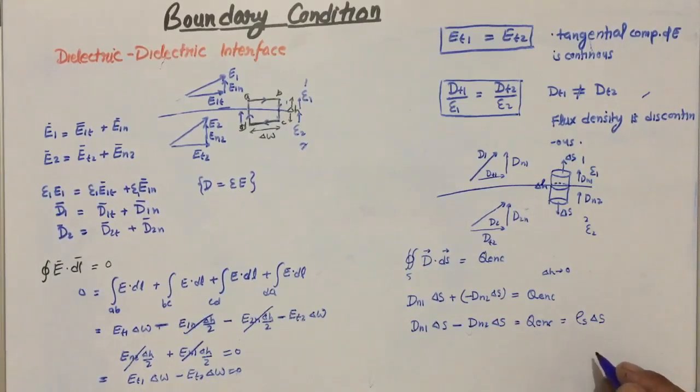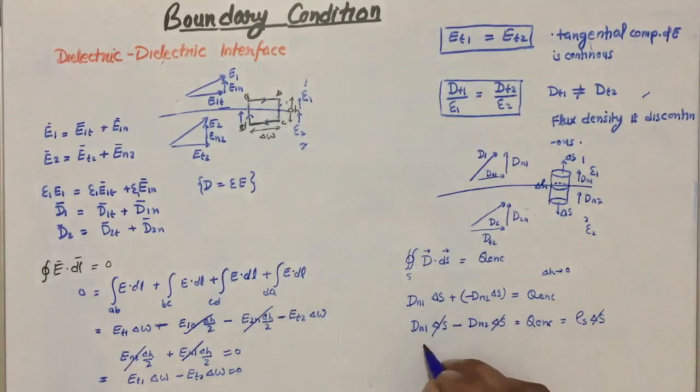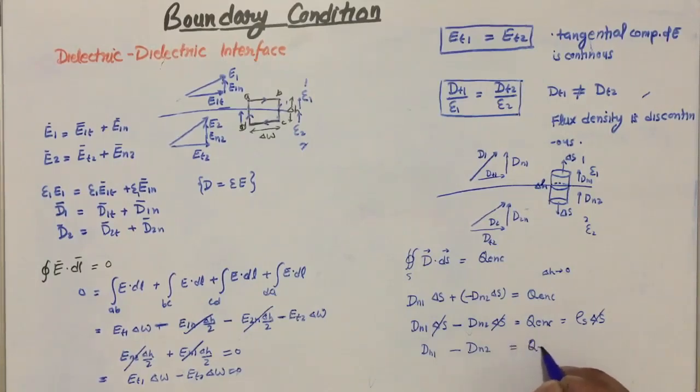So del s can be cancelled out, and Dn1 minus Dn2 will be equal to the surface charge density rho s.